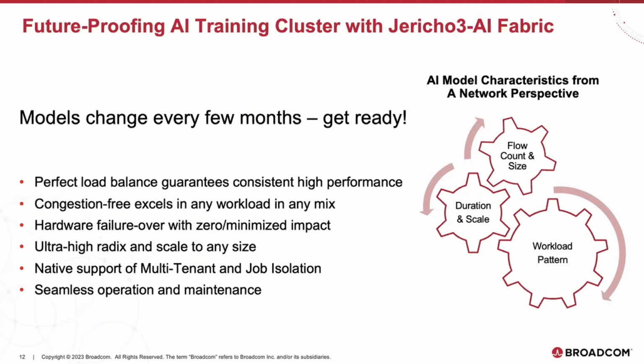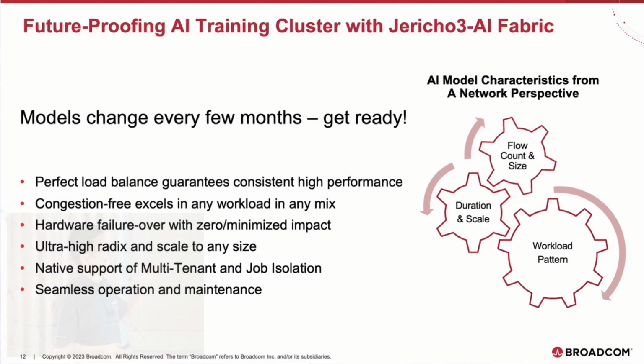To summarize, perfect load balancing guarantees there's no unfairness among different paths and always guarantees the highest performance. Congestion-free operation excels in any kind of workload, in any mix, and relieves customers from complex congestion algorithms.